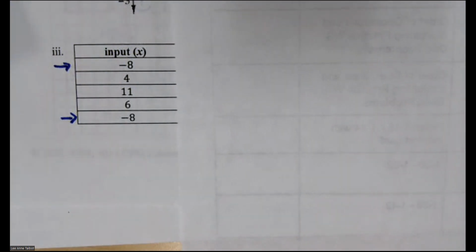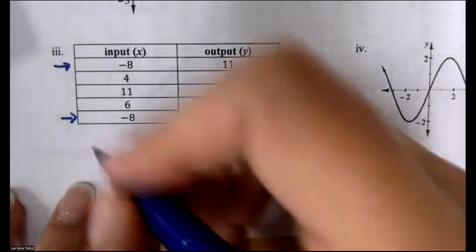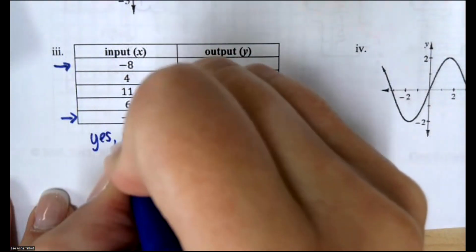So I say to myself, okay, I only look at the inputs. Do you see any repeats? Yes, okay. So -8 and -8. Those are suspect to me now. The little arrows mean I need to check them. Now, do they have different outputs? They're the same output.